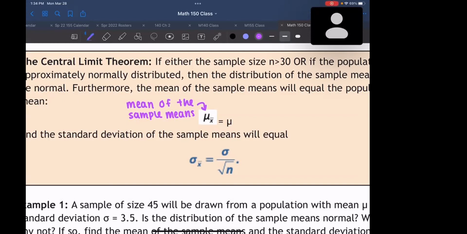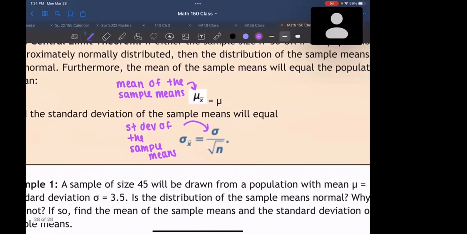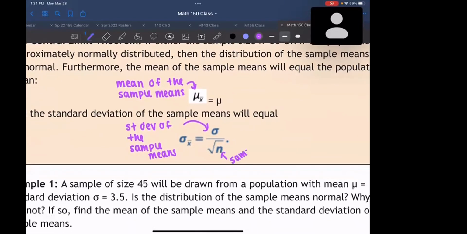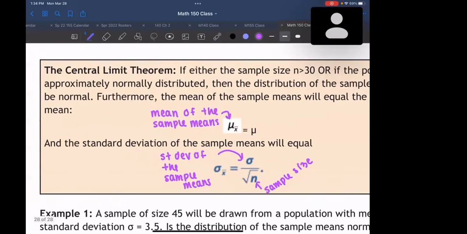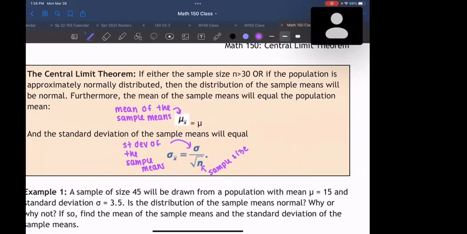Furthermore, the standard deviation of the sample means will equal our population standard deviation over the square root of our sample size n. So things I don't want you to worry about are the symbols here, the mu sub x bar or the sigma sub x bar.